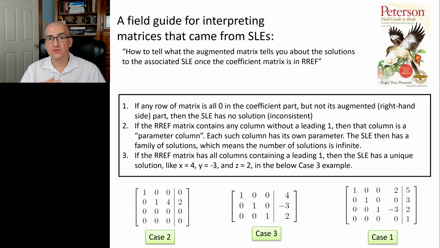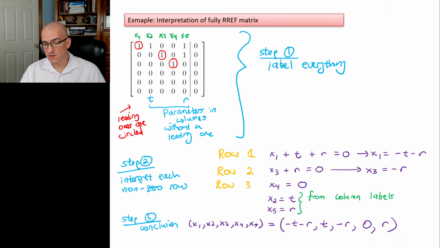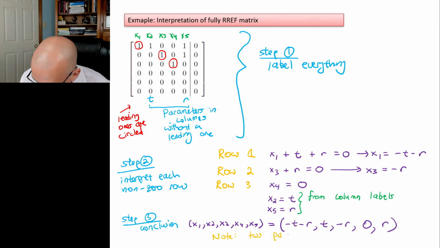Now I want to flip back through some of the examples and explain geometrically what they correspond to. The previous example we just did that had 2 parameters. Note, 2 parameters is a plane.